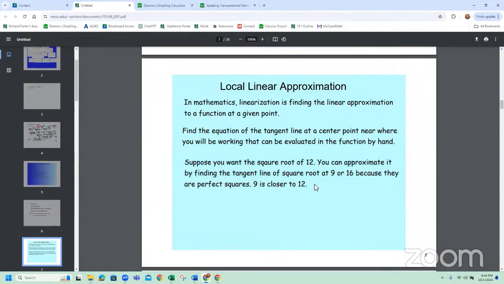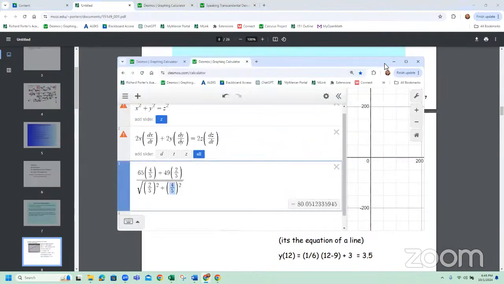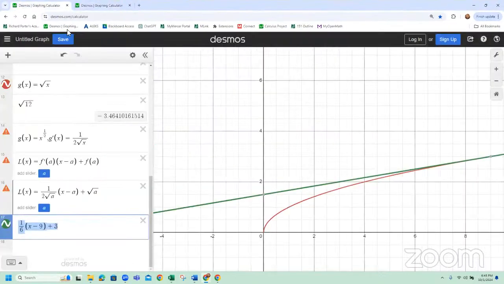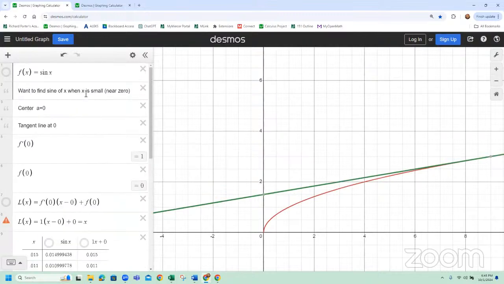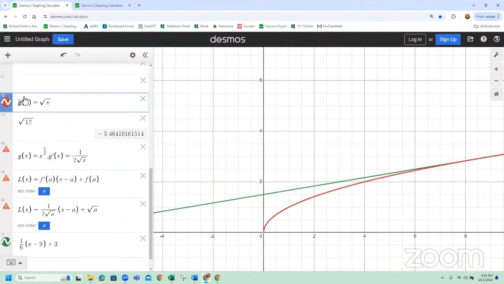So here's a picture. Actually, I'm going to switch over to Desmos. Suppose I have a function g of x, the square root of x.